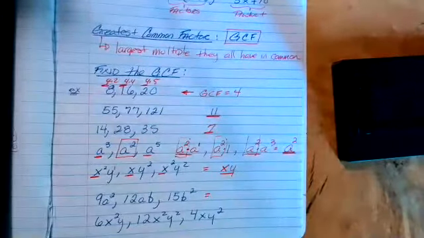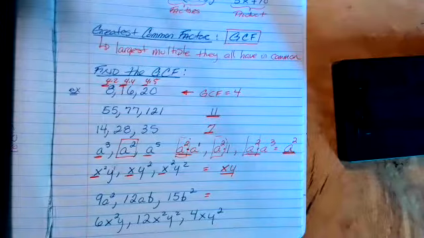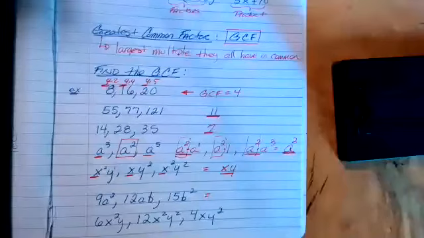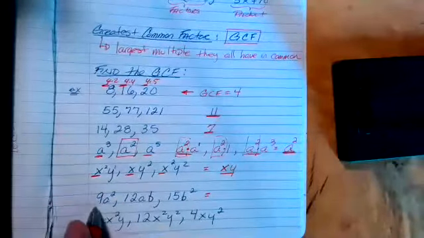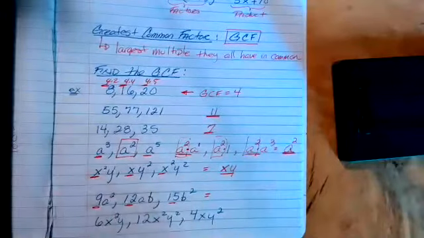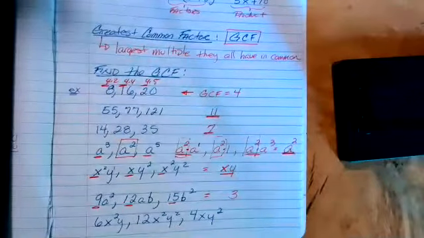In this next example, it says 9a squared, 12ab, 15b squared. We're looking for a GCF. I think it's going to be 3. Because if I look at 9, 12, and 15, 3 is the only thing that goes into that.